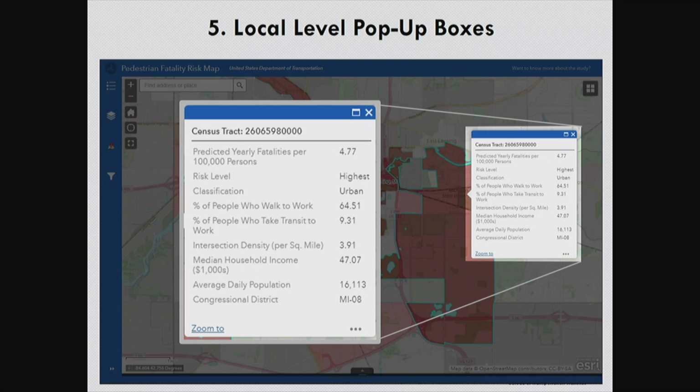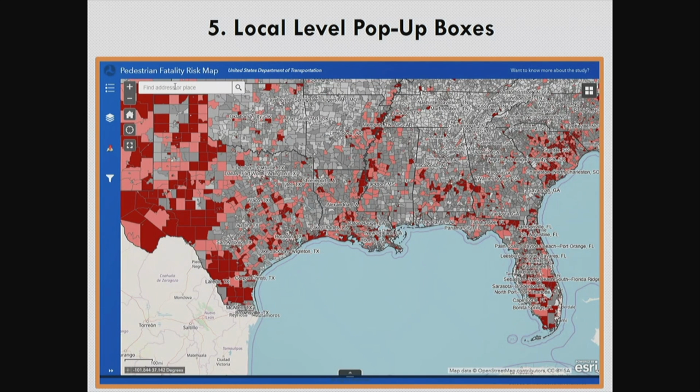So along with the actual value, the predicted number of fatalities, and the census tract number, we also get things like whether it's an urban or rural tract. We get things like how many people are walking to work, how many people are taking transit to work, intersection density. These are various variables that came from different sources that were included, as well as a congressional district there at the end.